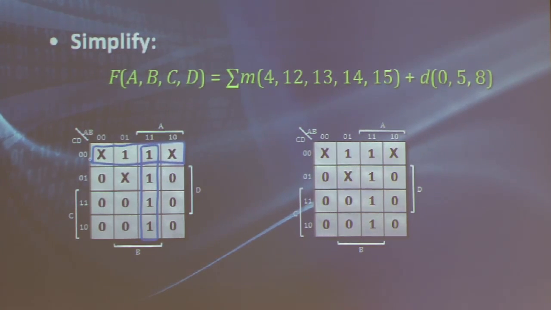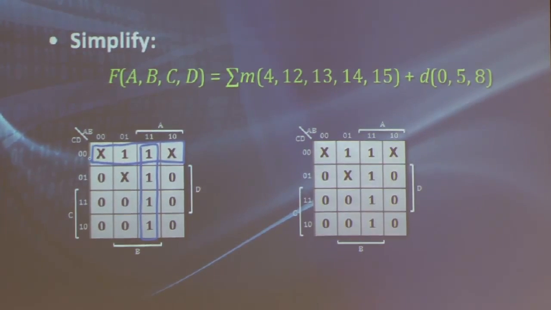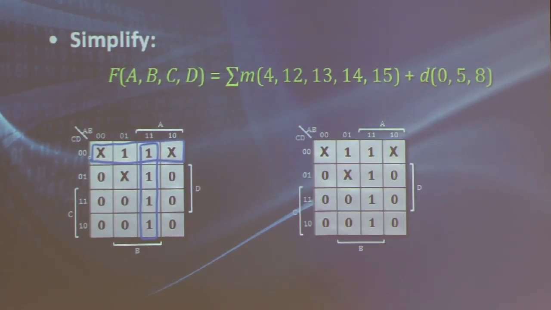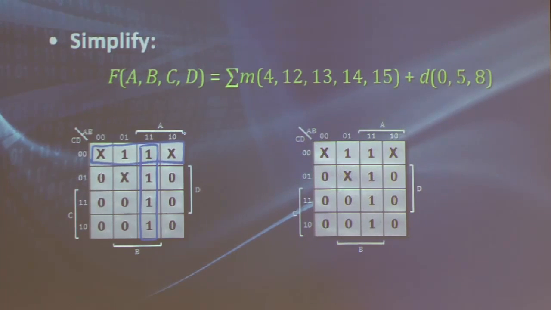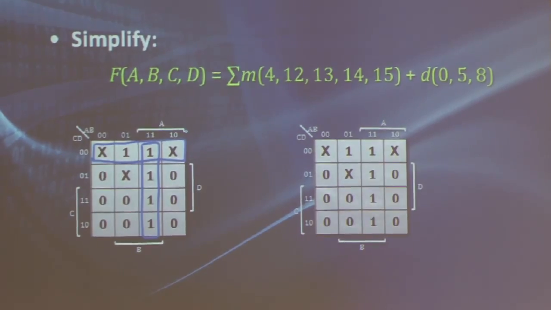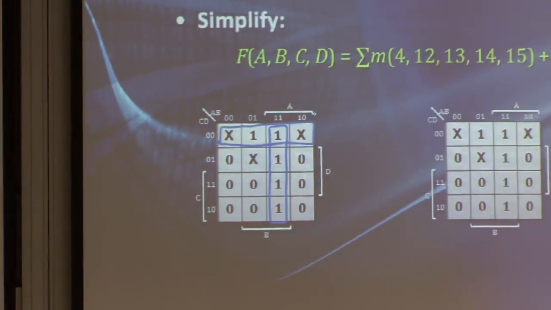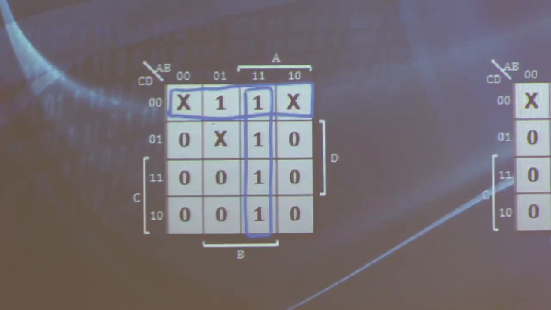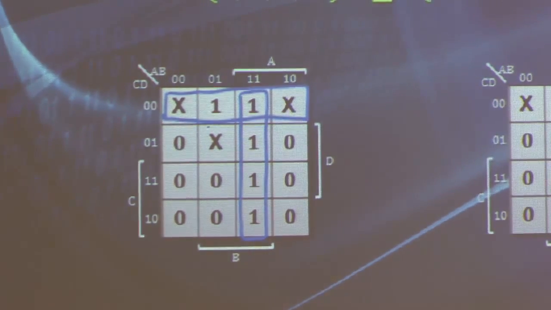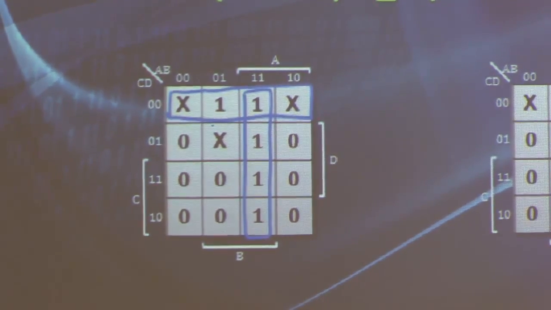Now in this case, I have accounted for all the ones. I accounted for 2 of the don't cares, which really will force them to be a 1 when you implement the circuit. And I've got this X here, which is not accounted for, which will now make it a 0 when I implement the function.